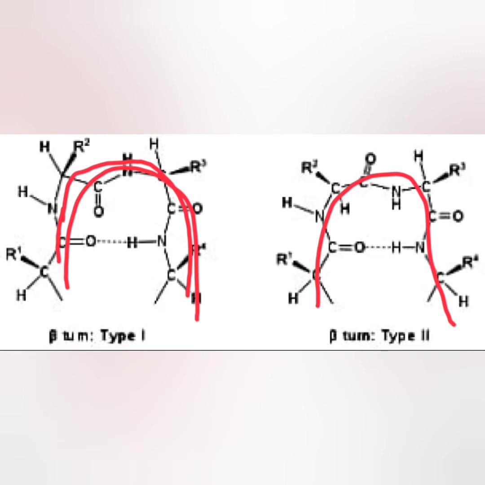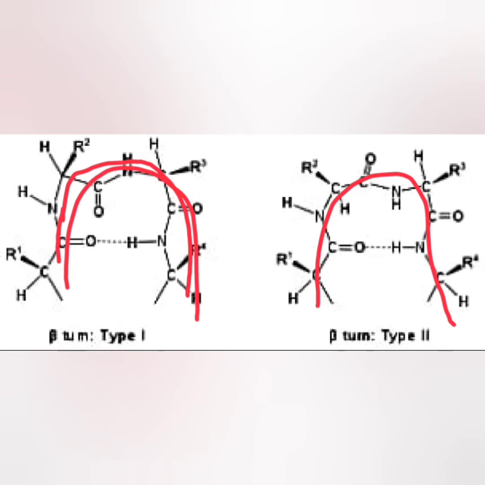Now these beta bends are commonly observed when a polypeptide chain is required to fold itself into a compact globular form by changing directions of the polypeptide chain.